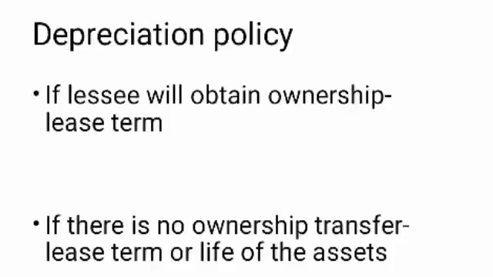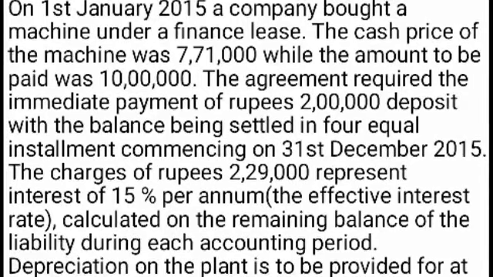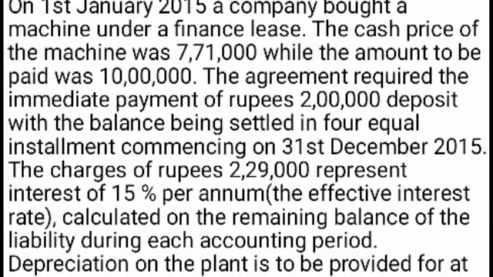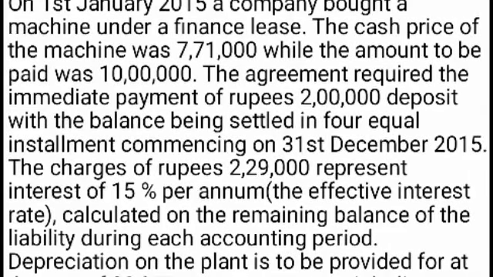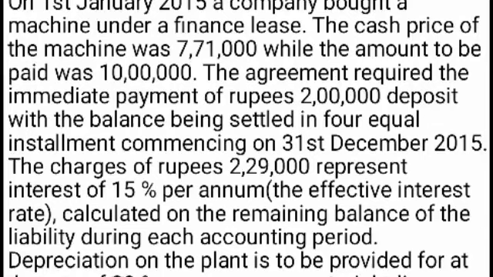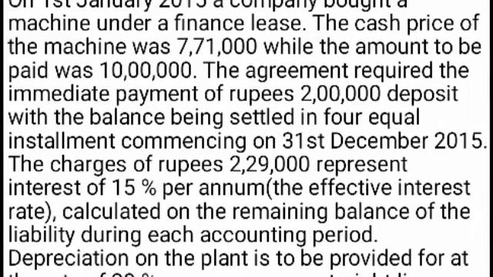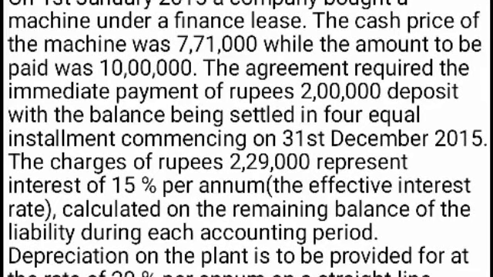Then we want to discuss a question here to calculate the periodic payment amount. On 1st January 2015, a company bought a machine under finance lease. The cash price of the machine was 7,71,000, while the amount to be paid was 10 lakh.